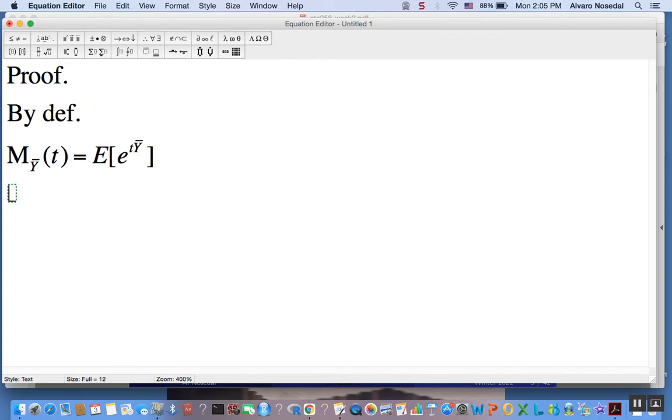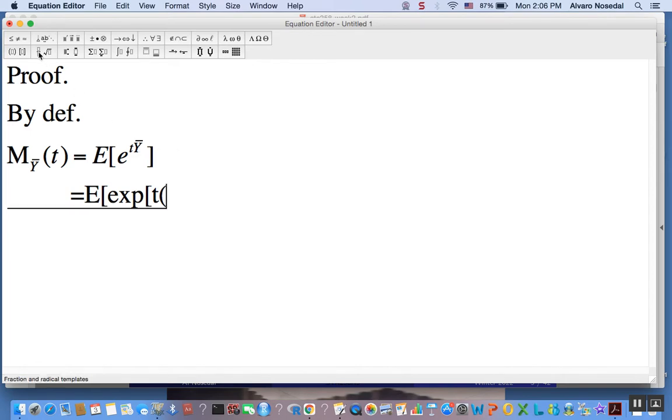Okay. So now let's use the way that y bar is defined. So it would be e to the power t times, let me use the following notation: exp, as in e to the power t times, and I'm going to be using the definition of y bar.